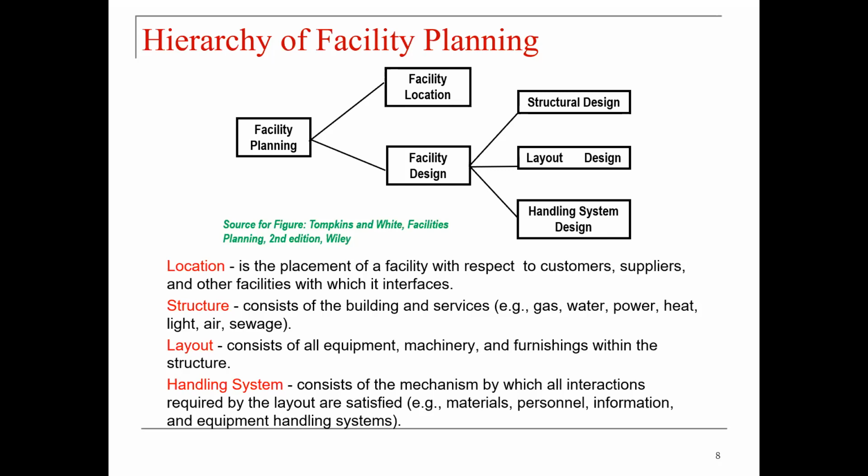The layout, we're going to discuss how to locate departments and how to locate things within the space of the facility. And the handling system, we're going to cover the different equipment that are available for material handling purposes.